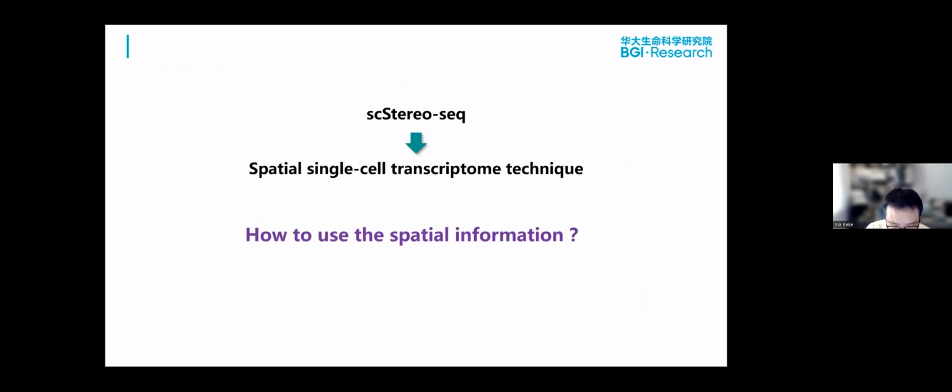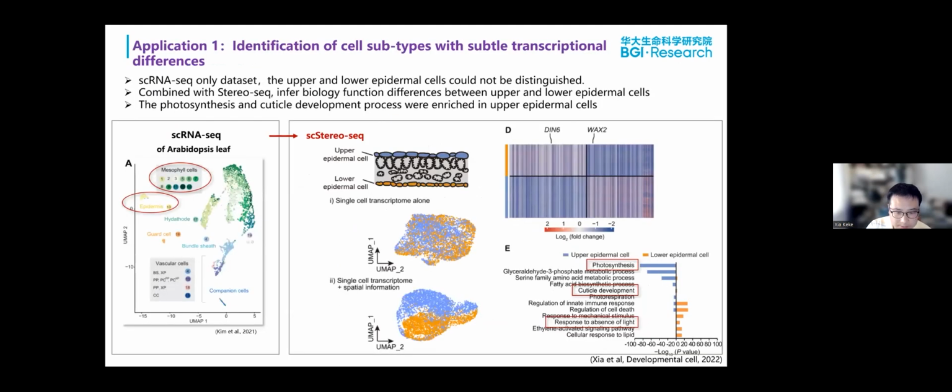After obtaining the single cell transcriptome with spatial coordinates, how do we use the spatial information? Firstly, it facilitates the identification of cell subtypes and subtle transcriptional differences.